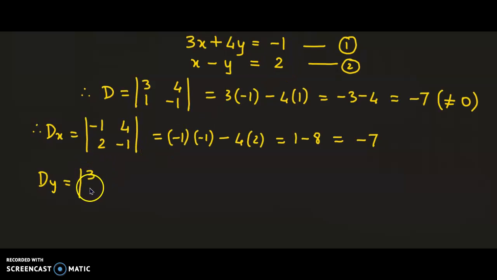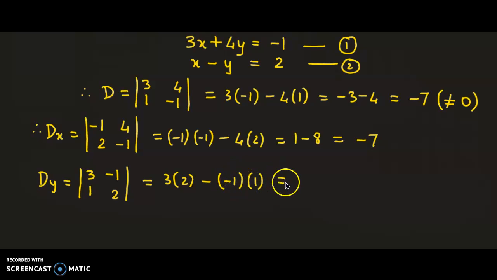So the x column remains as it is, and these two coefficients we replace by minus 1 and 2. And now we expand 3 into 2 minus minus 1 into 1. So we get 6 plus 1, that is equal to 7.